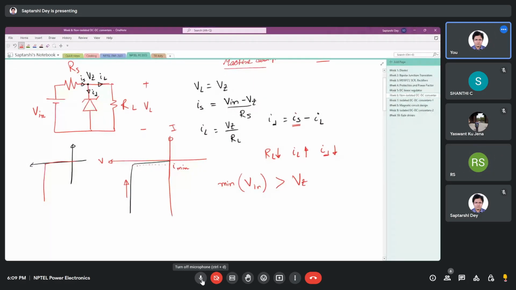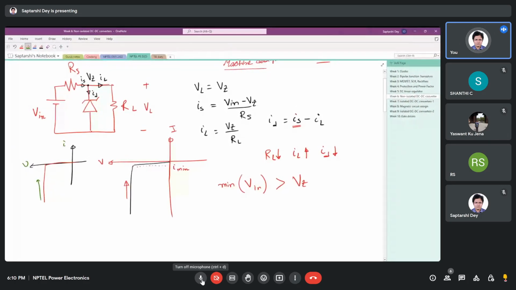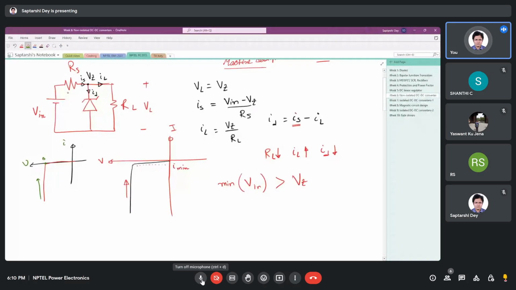So increasing load means my diode current goes here and becomes zero. Diode current zero means no diode.